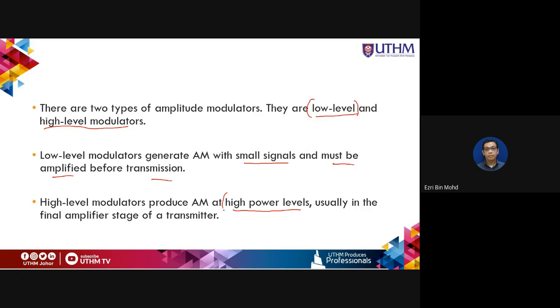So if we use a high power level, of course we are dealing with a high power AM wave. Usually the transmitter is at the final amplifier stage, the last stage, the end of the cascaded system of the AM transmitter.